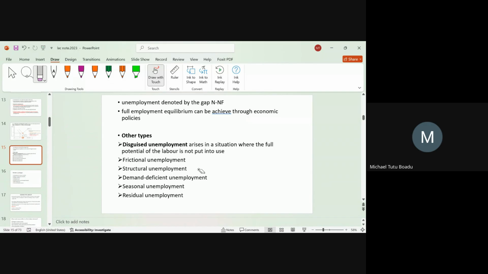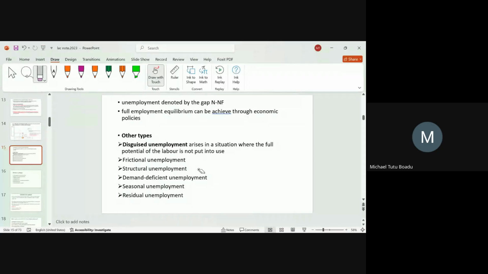Or I am working in Unilever and now I'm not interested in that job, so I quit Unilever and I'm looking for another job. That is also a frictional period. It will take a little while for you to get that new job. So that's what we call frictional unemployment. It's just a matter of time, a missing connection between the employer and the employee.